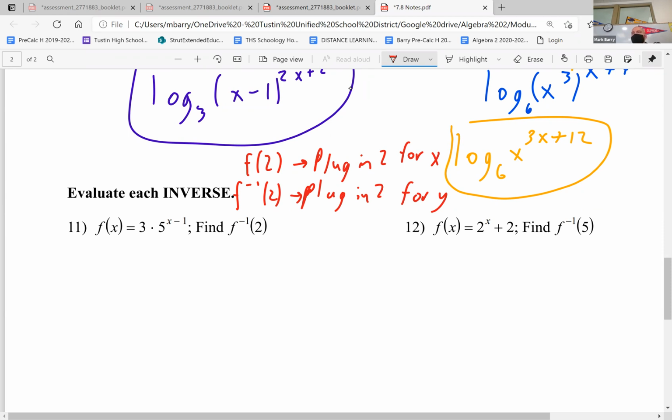Now on number 11, they don't really have a y, but remember, f of x is the same thing as y, right? So when I plug in my 2 for y, it's going to look like this. 2 equals 3 times 5 to the power of x minus 1.